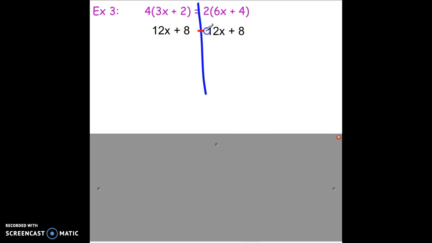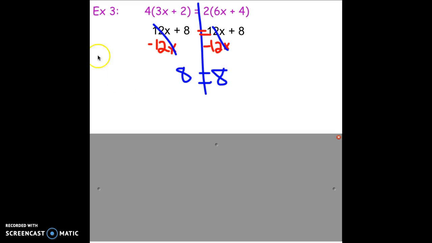Then I'm going to subtract 12x from each side. Once I do that, 12x minus 12x is 0, so I'm left with 8 on each side.